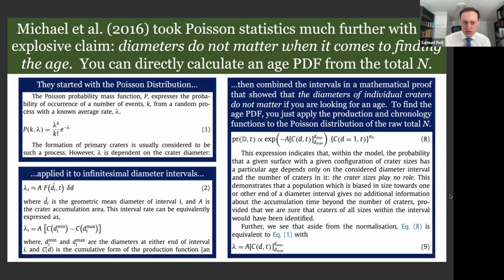They started with a Poisson distribution, applied it to infinitesimal diameter intervals, combined the intervals in a mathematical proof that showed that the diameters of individual craters do not matter if you are looking for an age. And to find the age PDF, you just apply the production and chronology functions to the Poisson distribution of the raw total n. There were some skeptics. Originally, I was one of them.